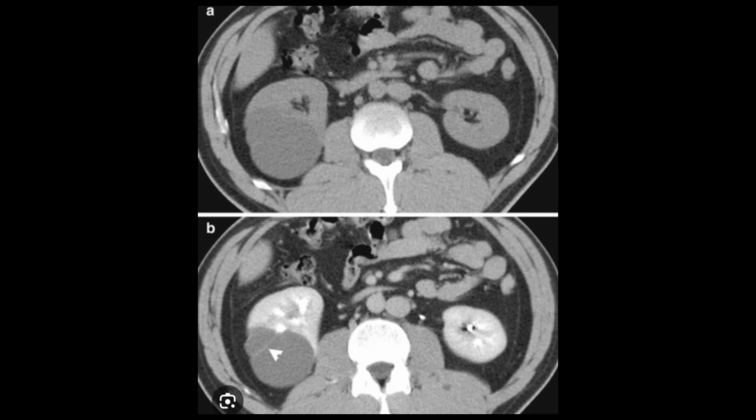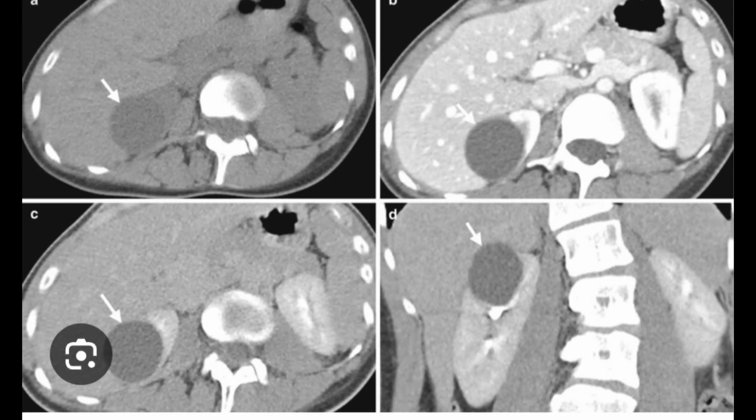So far as this scan is concerned, on this image you can see this is a simple renal cyst. This is a serous type, and if you look at the CT density, it should be between 0 and 20 Hounsfield units. Again on the axial and coronal images, and on contrast and non-contrast imaging, to make you understand how the simple serous renal cyst will appear on CT non-contrast and contrast enhanced images.